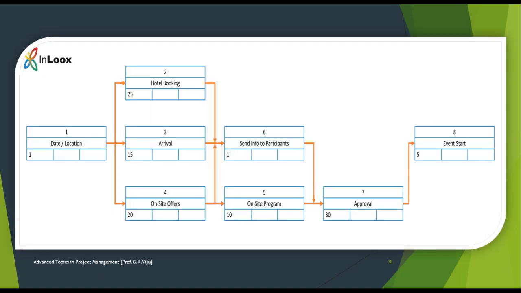So this is an example of a network diagram which contains the activity name, activity duration, earliest start time, earliest finish time, latest start time, and latest finish time. And mainly this network diagram is used to identify the critical path method. The critical path is the longest path in the diagram, which contains the least amount of slack.